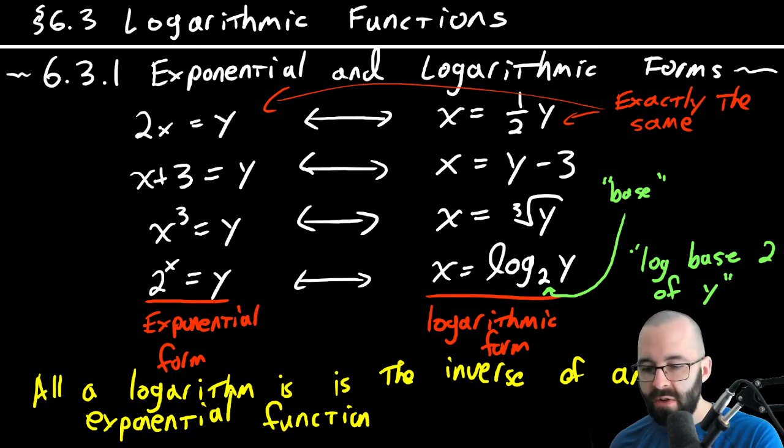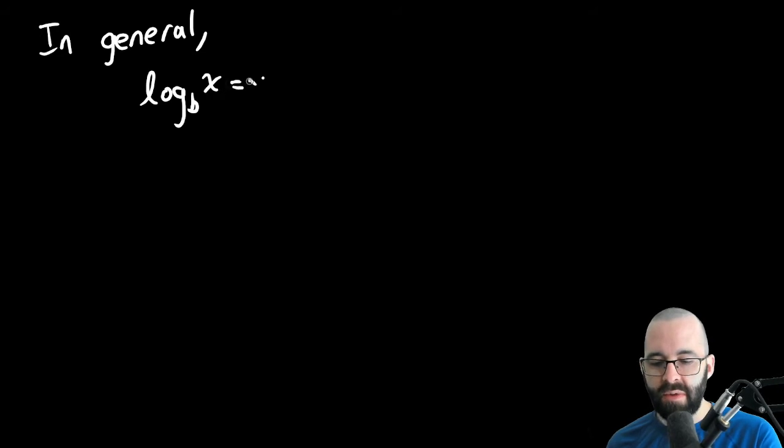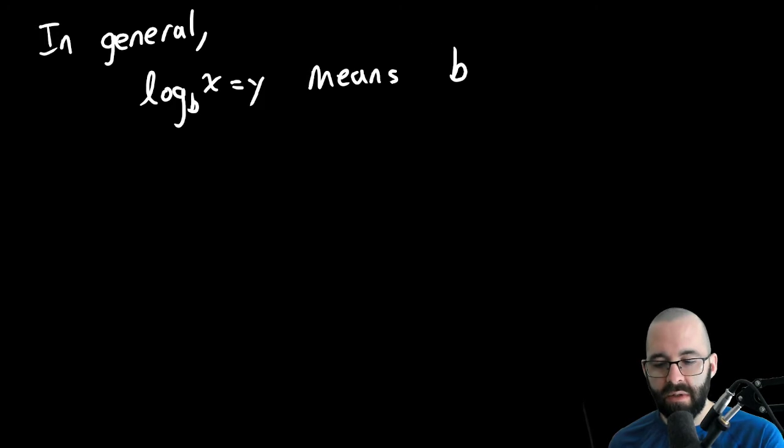So again, in general, log base b of x equals y just means the base of the logarithm is the base of the exponential. The input of the logarithm becomes the output of the exponential.